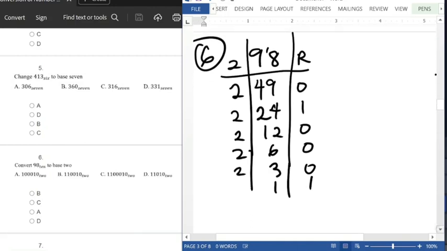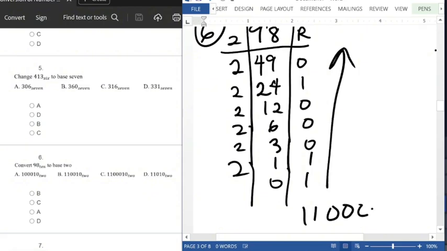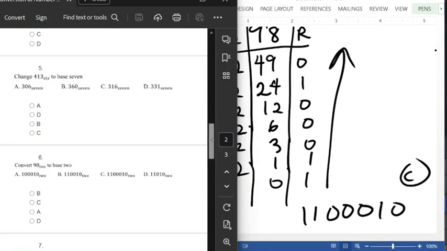Then we continue. 2 in 1 is 0, remainder 1. So the answer is 1 1 0 0 0 1 0. That is option C. So question number 7 now.